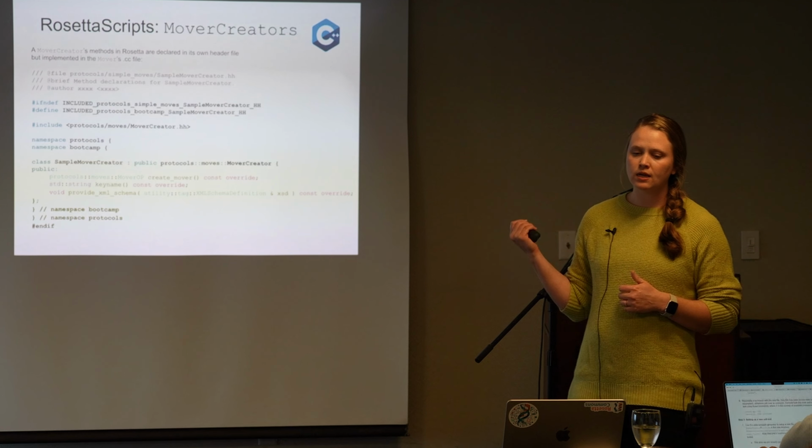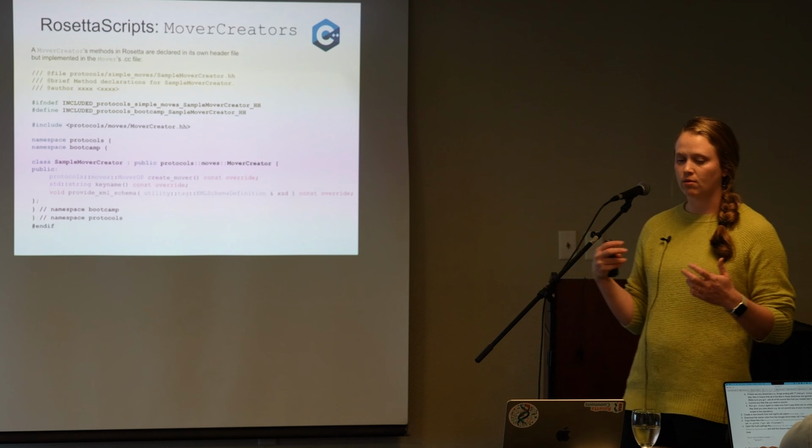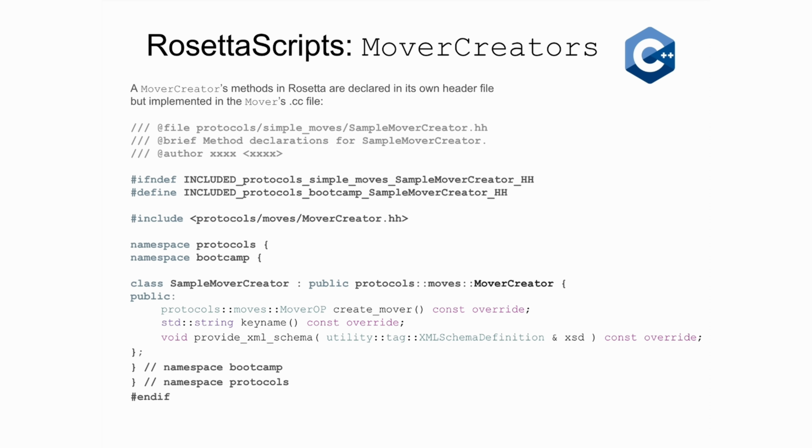You will need a mover creator for your mover. That's how these can get loaded ahead of time, by connecting the string that you're using in your Rosetta script to your actual mover in the C++ code or in your PyRosetta code. These are all going to look very similar. They're pretty small or lightweight.